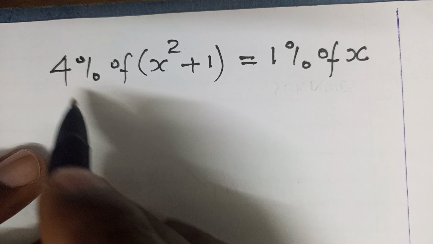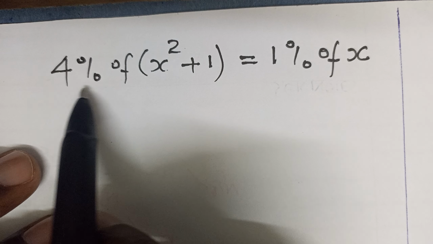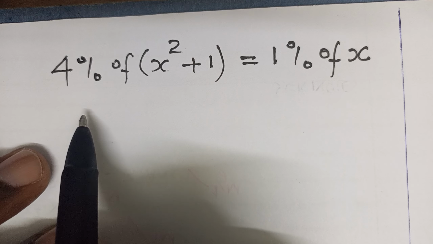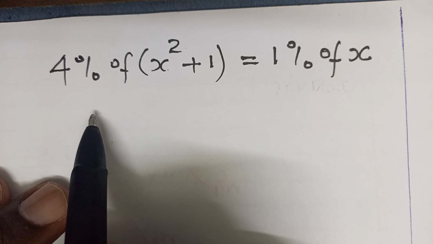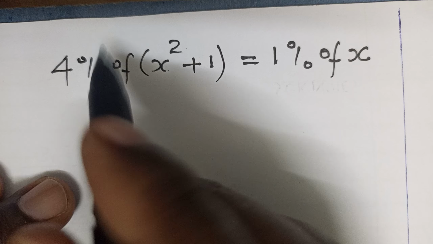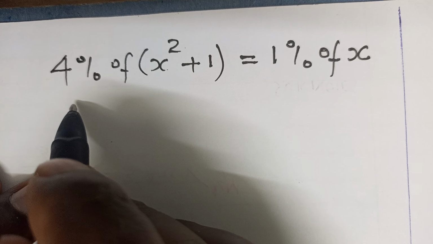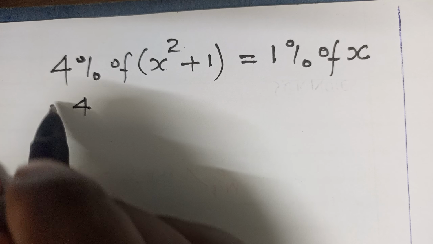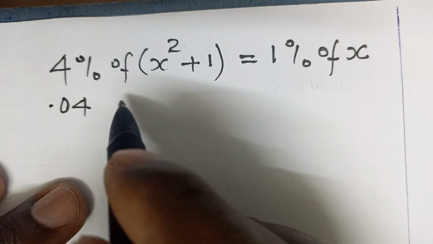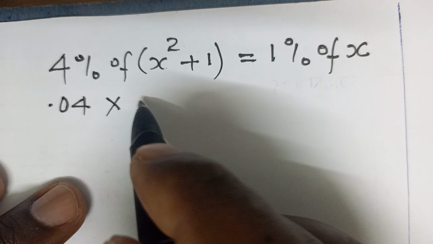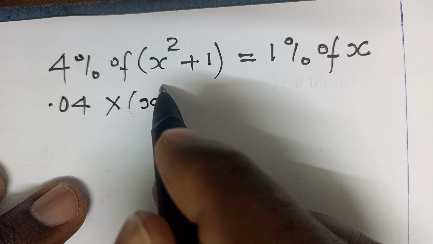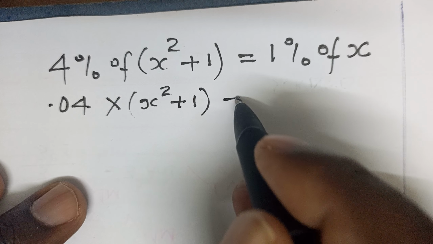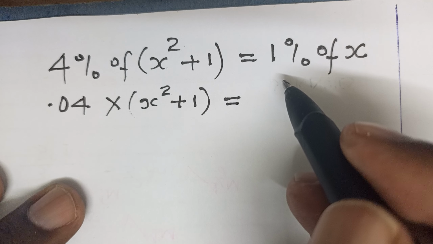So guys, I'm going to write this equation, that is, adjust it to be a quadratic equation. Of course, it's a quadratic equation, but I want to standardize it. And so this is now going to be 4 over 100, which essentially is 0.04 times (x squared plus 1) is equal to 1%.